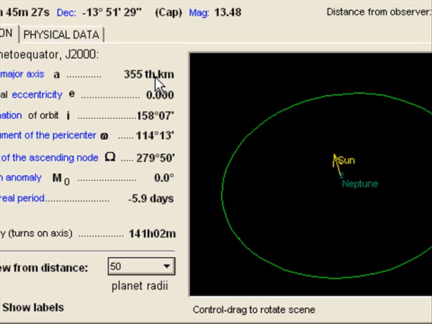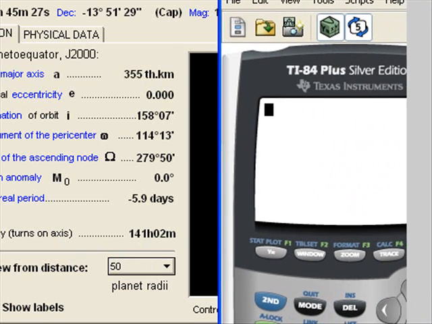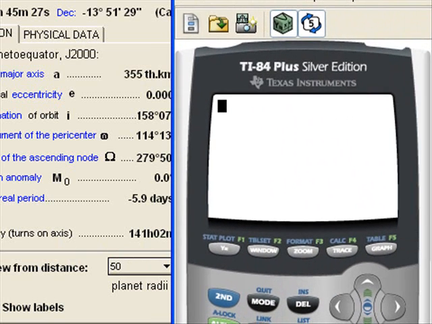Since I don't want to go so far here, I'm just going to use the 355,000 kilometers. Also notice here that it says 141 hours. Well, that's what I just came up with for the period. So I'm going to plug these numbers into a calculator.